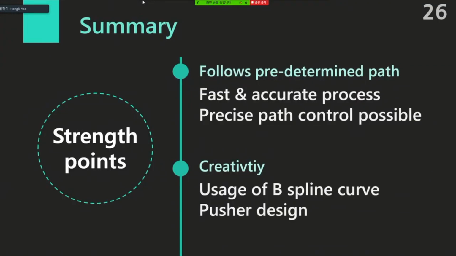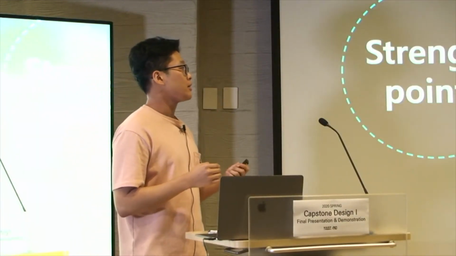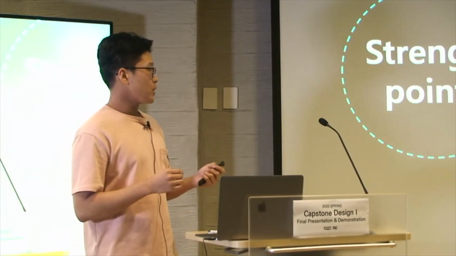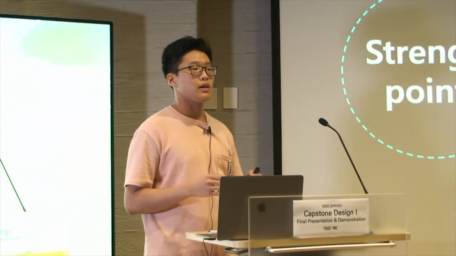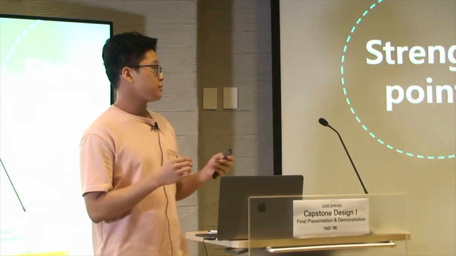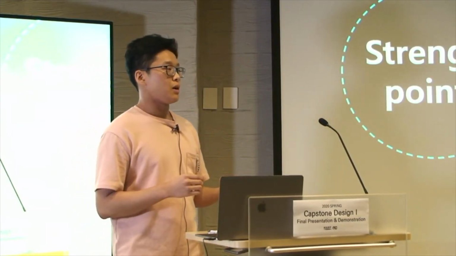To sum up, our strength is that our vehicle follows a predetermined path, which is really fast and accurate, and it's precise to control the path. And also we have high creativity because we use the B-spline curve. It is highly used in image transforms and image animations. And also our unique pusher design is awesome.